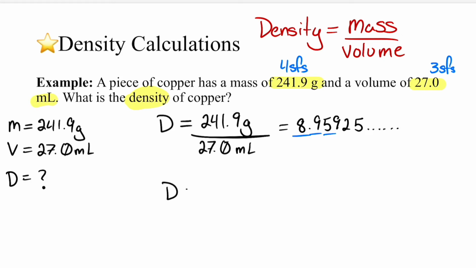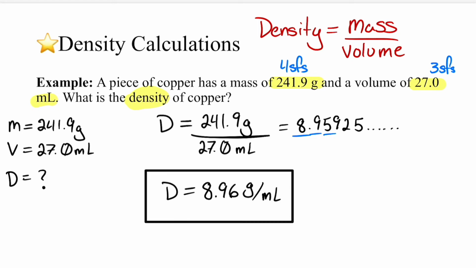So our final answer for density should be 8.96 grams per milliliter. We also need to make sure we always have units on all of our numbers. It will not be a fully correct answer if it does not have the correct units. So this is the simplest type of density calculation. Let's look at a couple others that require us to do a little bit more.